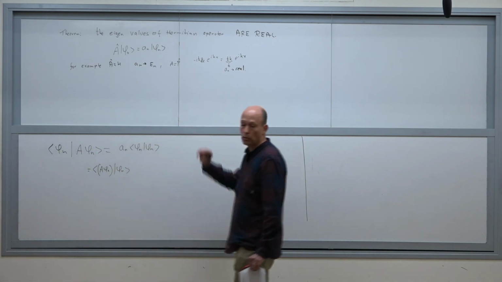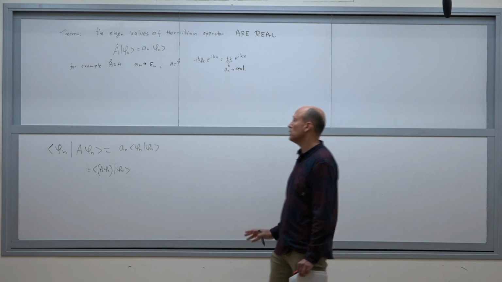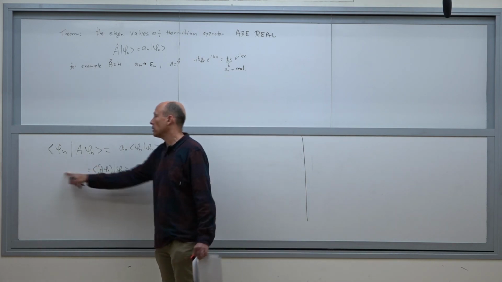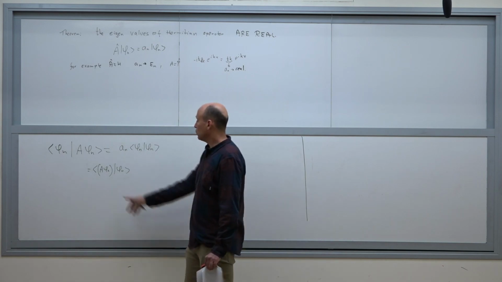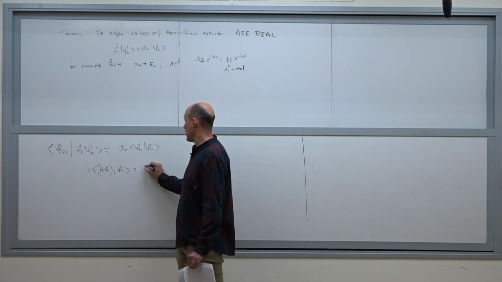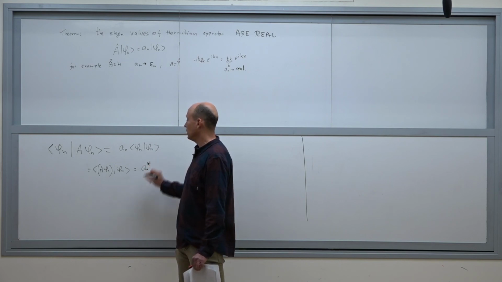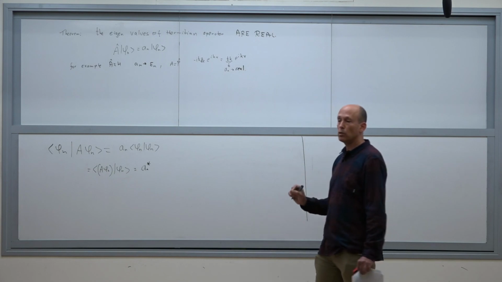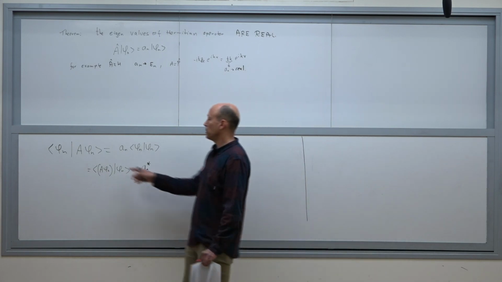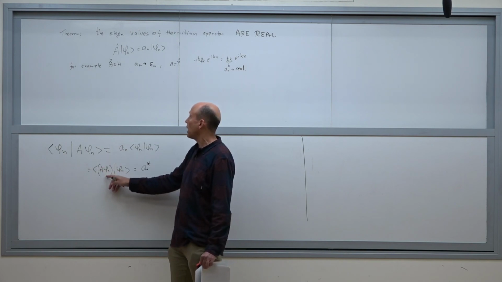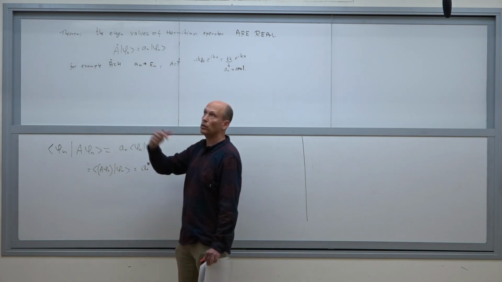This is an assumption. Not every operator is like this, but Hermitian operators can act, instead of on the right, they can go here. But what is A n phi n here? It's A n star. Because this comes from the definition of the inner product, for example in space, the integral from minus infinity to infinity, you need to take this guy like you have here, but you have to take the complex conjugate.